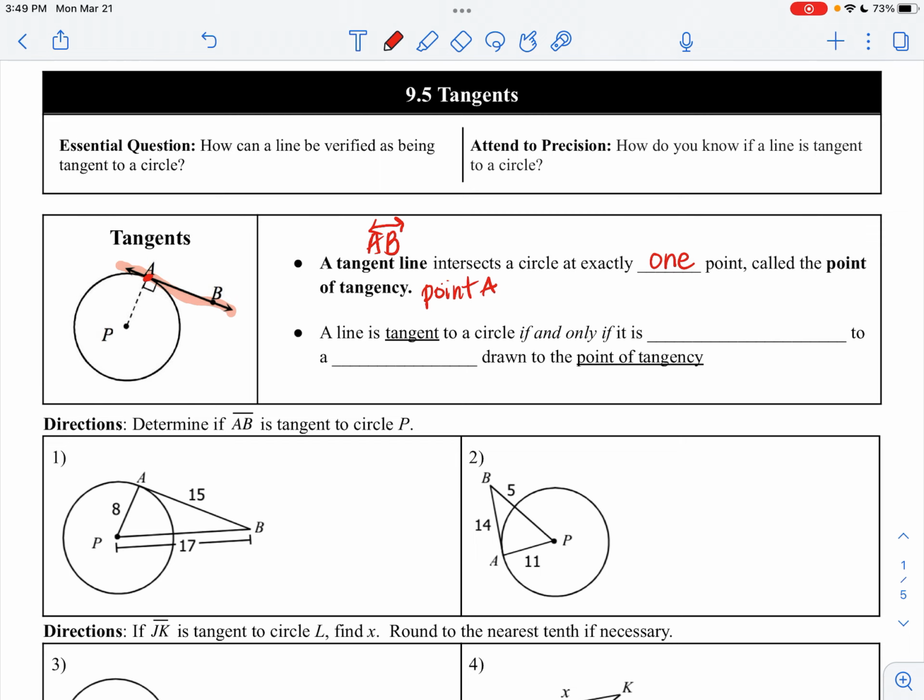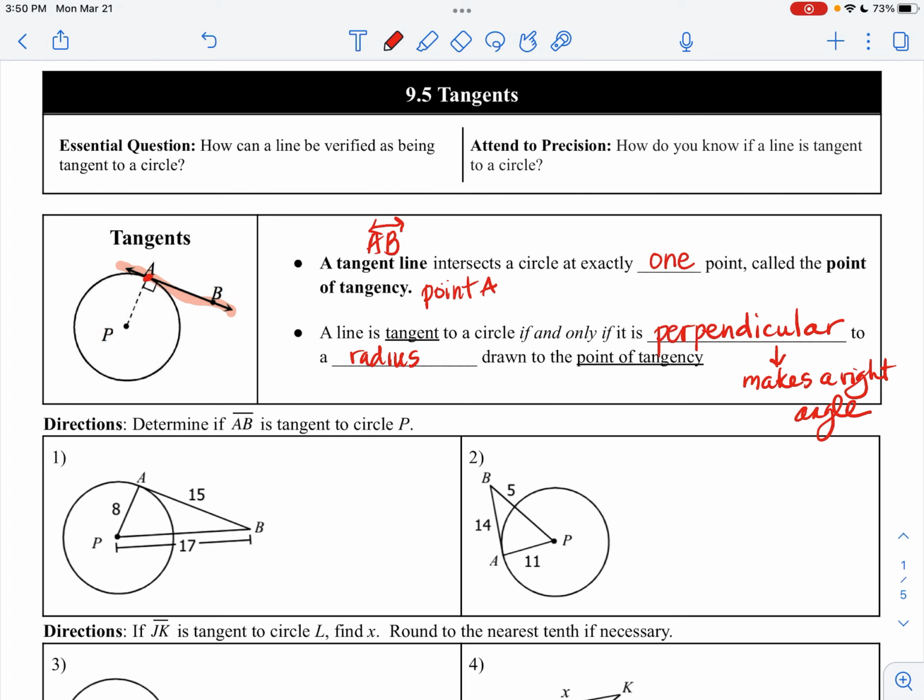And a line is tangent to a circle if and only if it is perpendicular, so this means that it makes a right angle with a radius drawn to the point of tangency.